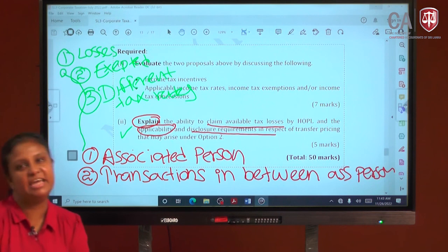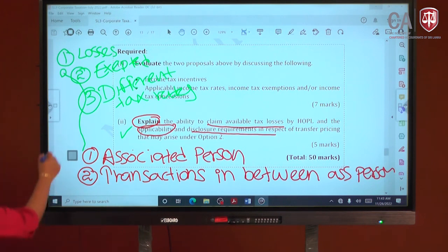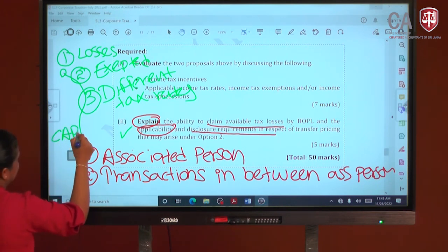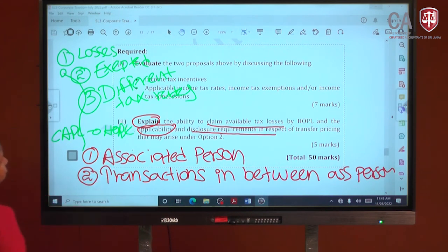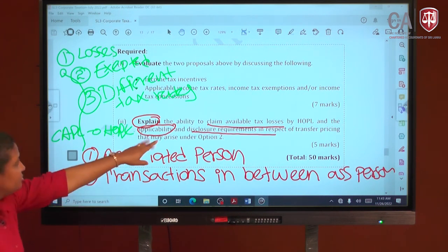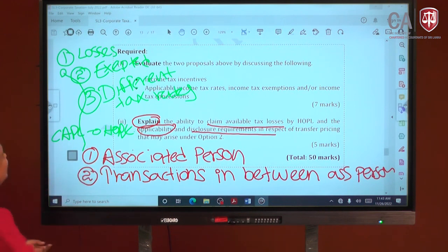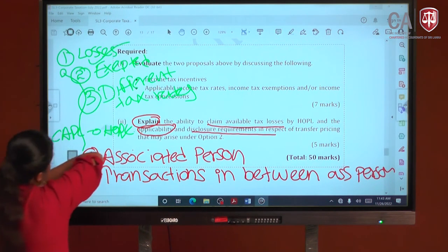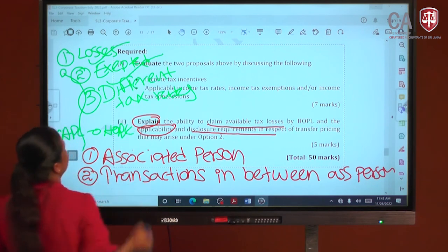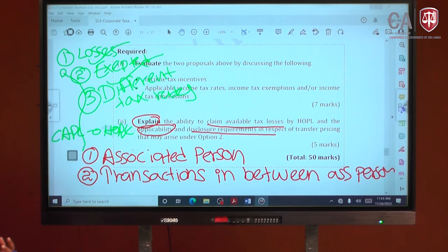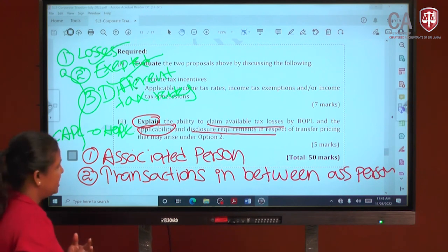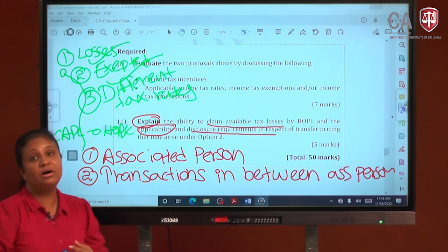Now in our case, after the exhibition, CAPL and HOPL, these 2, it is very clearly given that one has losses, exemption and different tax rates also. Then transfer pricing is highly applicable for that. Then disclosure requirements.